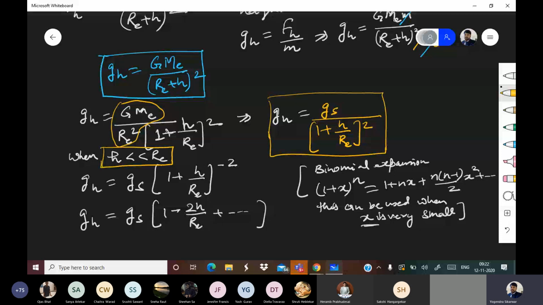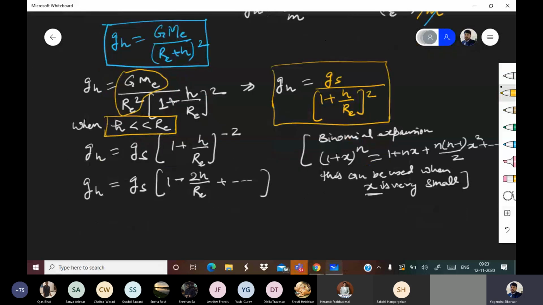So even if we go up to the peak of Mount Everest, the height consideration of this formula will be valid.